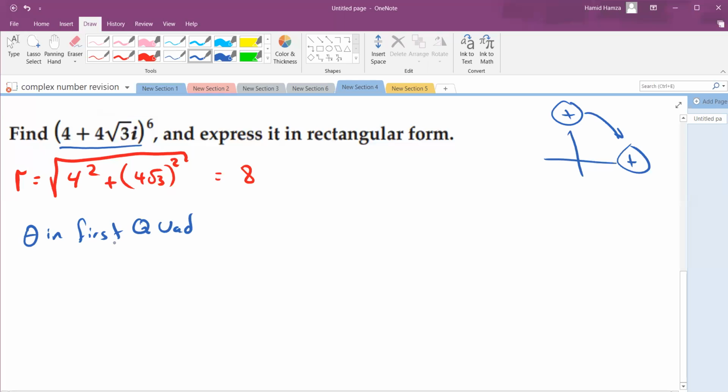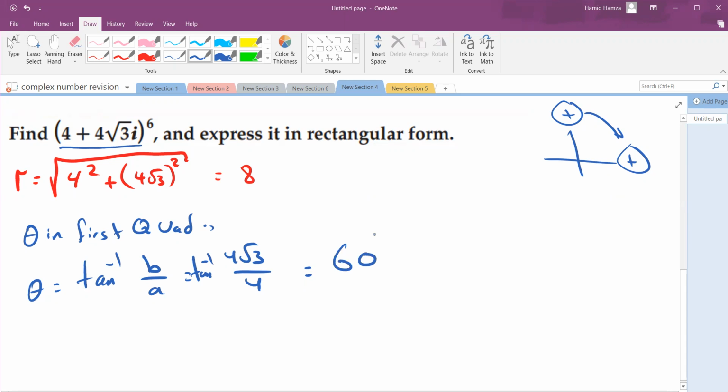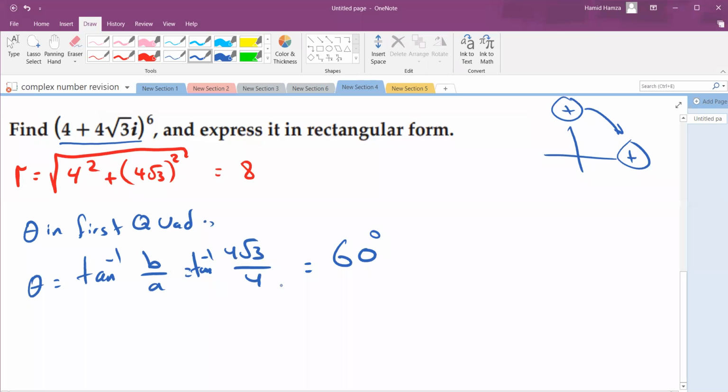So theta equals tan negative 1 of 4 root 3 over 4. What's the answer? 60. Very good. So theta now is 60 degrees.